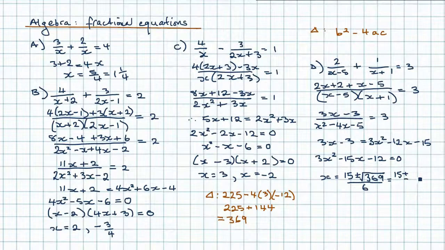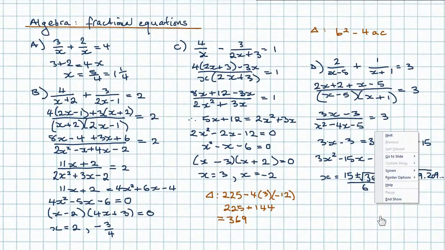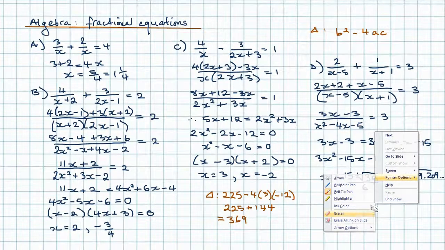So my calculator tells me it's going to be 19.209... Sorry, obviously I don't need a square root sign, so that was my little mistake there. There we go. Let's rewrite it.